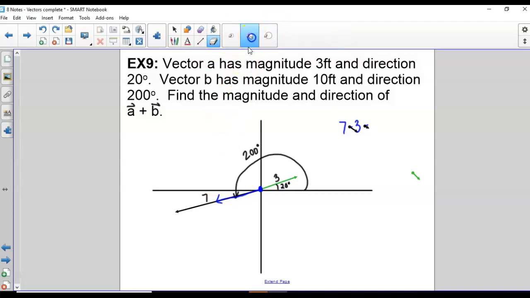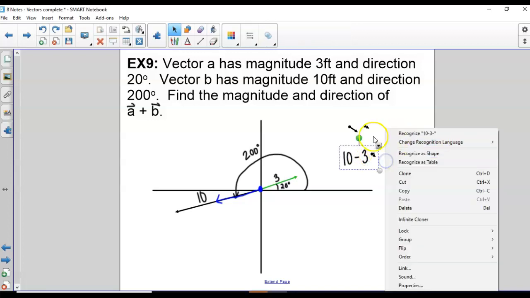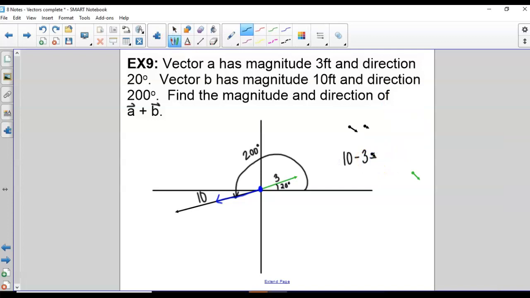Okay, let's change this. This is 10, not 7. And so that means over here, we are going to do 10 minus 3. And whenever we do that, we'll get 7. So you're going to have a vector of a magnitude of 7 feet, and it's going to be in whichever direction has the highest magnitude. So a direction of 200 degrees.